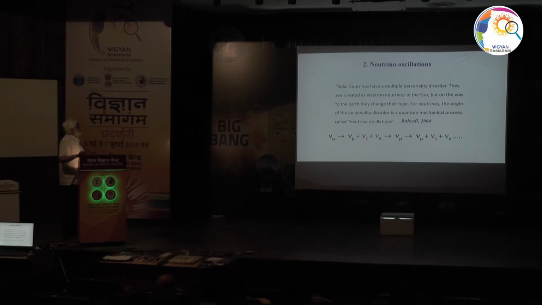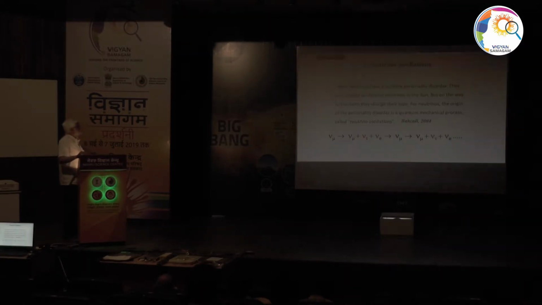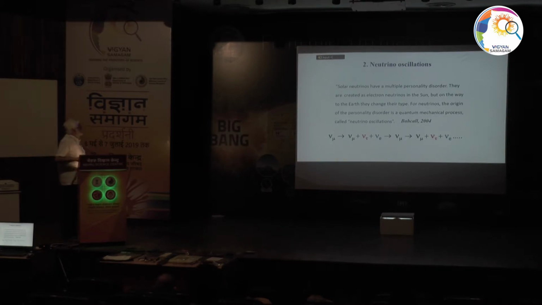They are created as electron neutrinos in the sun. He is talking about solar neutrinos, and this is a possible explanation for that. But on the way to the Earth, they change their type. It could be in the sun, it could be in vacuum. For neutrinos, the origin of the personality disorder is a quantum mechanical process called neutrino oscillations. In quantum mechanics, if something can occur, it will usually occur.